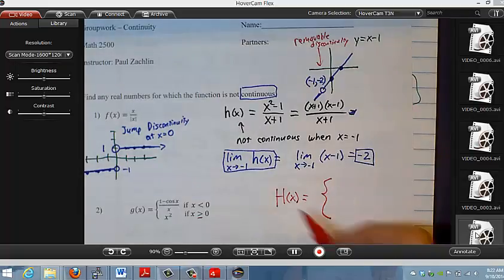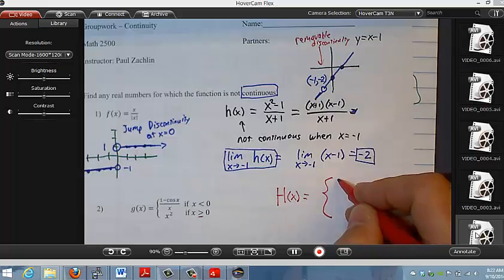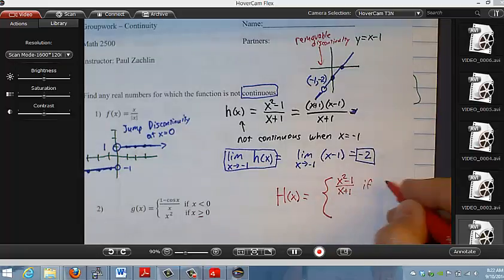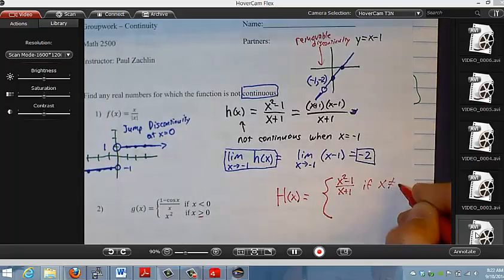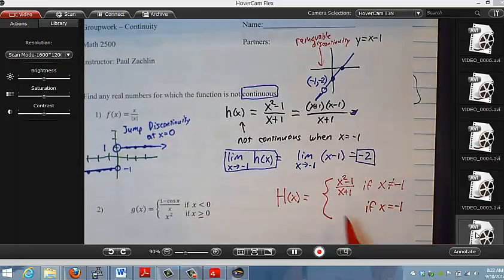So how's this work? Well, what you do is you say, look, we're going to let this function be x squared minus 1 over x plus 1 if x does not equal negative 1, just like we did before. And we're going to say that if x equals negative 1, what do we want the output to be? Negative 2.